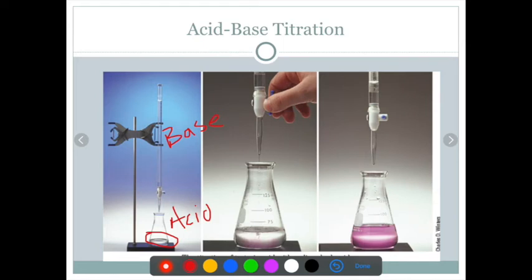Okay, so we either don't know the concentration of the base, or we don't know the concentration of the acid, and that's what we're searching for. Okay, we know what the makeup of the acid and the base are, we just don't know what the concentration is.